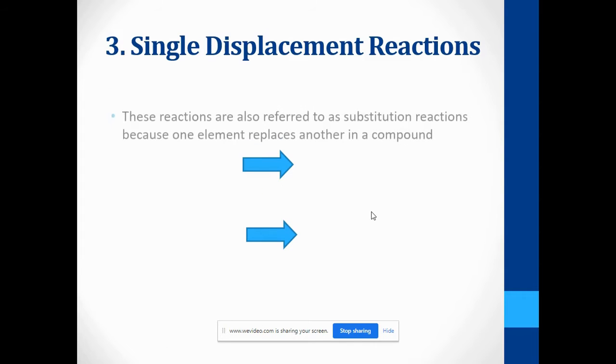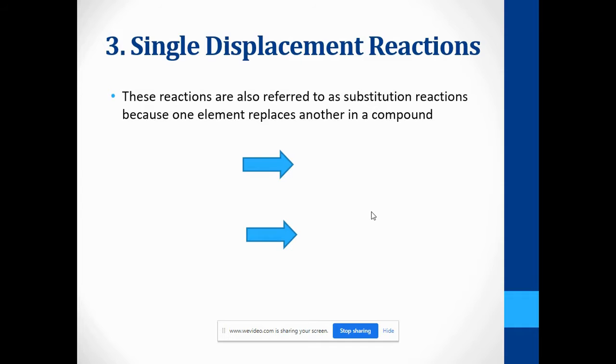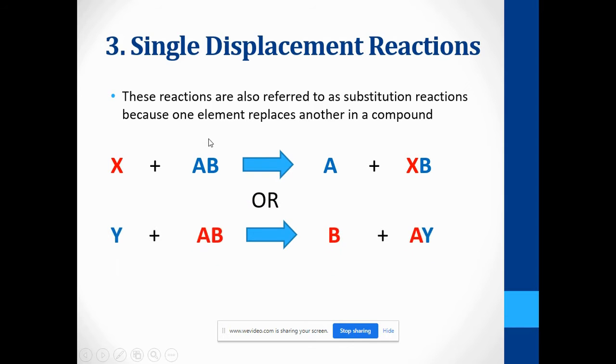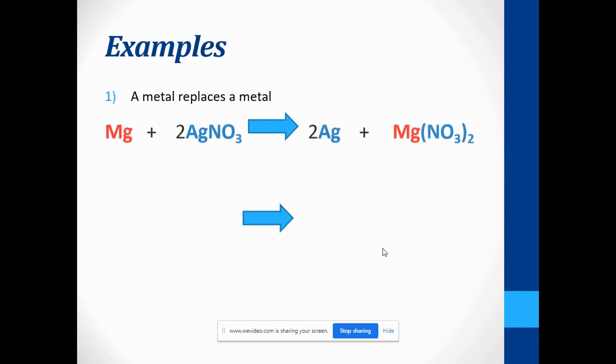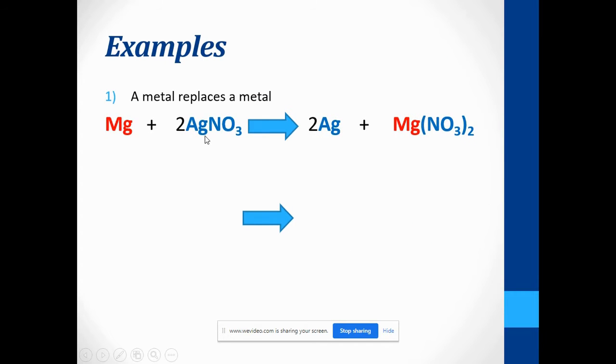Okay, single displacement reactions. So basically, you are combining a compound with an element, and the element comes in and kicks out one of the elements. So X comes in and kicks out A and combines with B. Or Y can come in and kick out B and combine with A. Some examples: magnesium can come in and kick out silver to get silver plus magnesium nitrate.